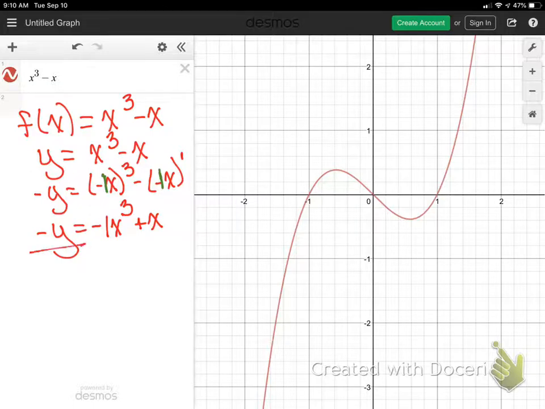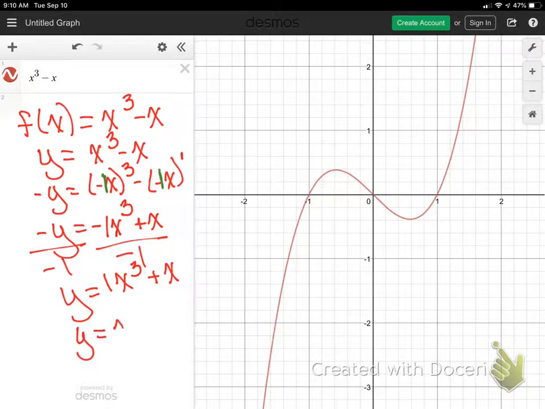My next step is to divide everything by negative 1. So then I'm left with positive 1x to the third plus x. Do I have to have that positive 1 written down? Is this the same as this? Well, no. Where did I mess up?